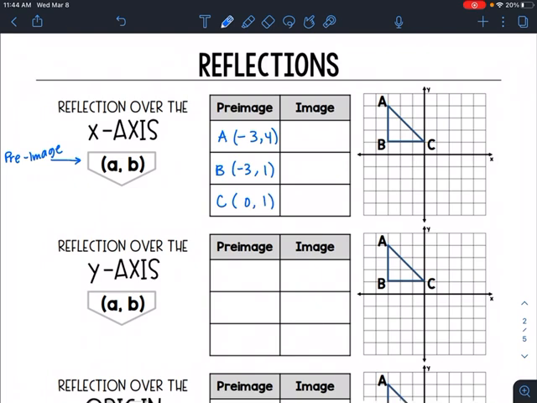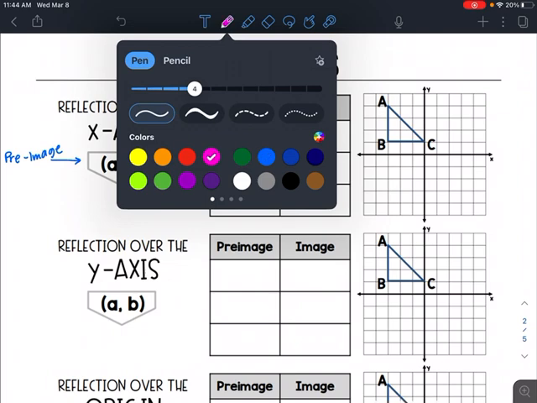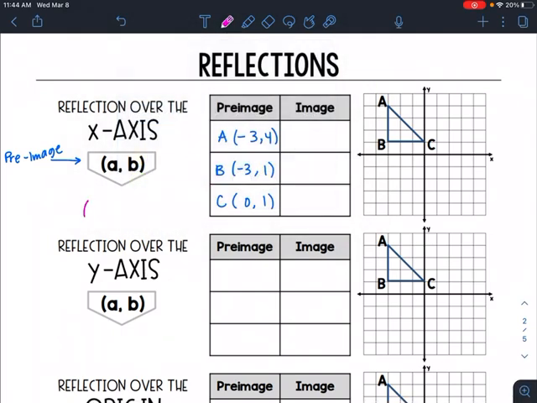Okay, now the rule is if we're reflecting across the x-axis, then this is going to be (a, -b). So our new image, if we apply this rule, x is still going to be the same, but now we're going to make our y values negative.